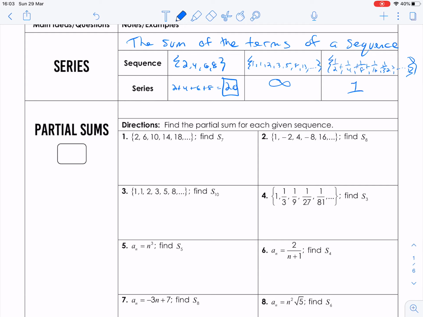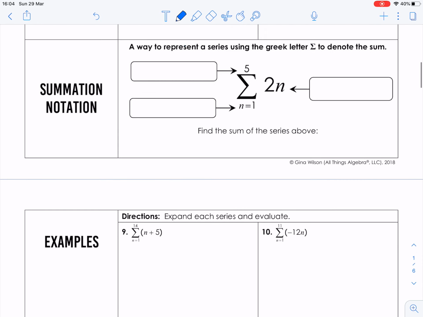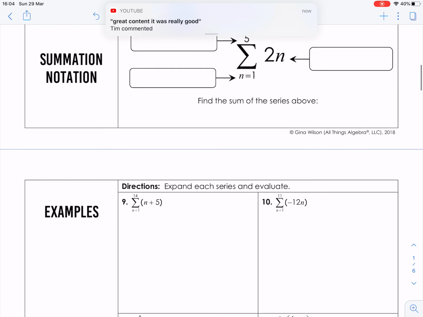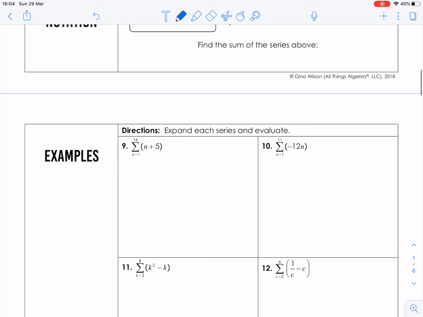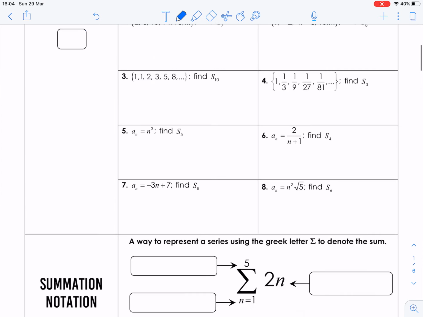All right, so now let's go to the examples here, and we're going to find S of 8. So let's just do the evens, I think. So we got 1, we got -2, we got 4, we got -8. Okay, let's just do general first.